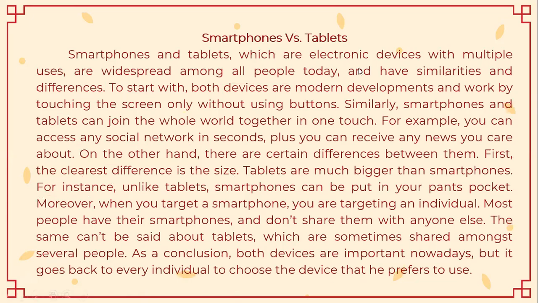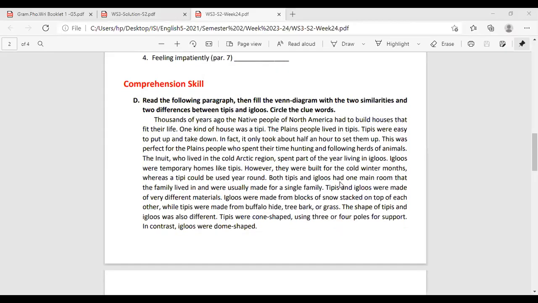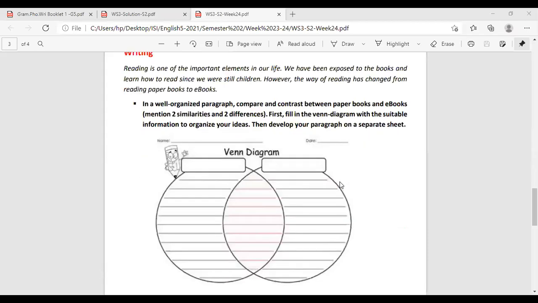Now let me show you what you're going to work on in the worksheet. Let me open the worksheet for you to show you our topic. So guys, if we open the worksheet, you're going to find this prompt.